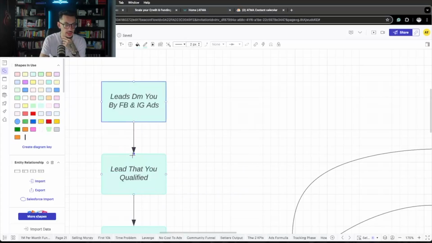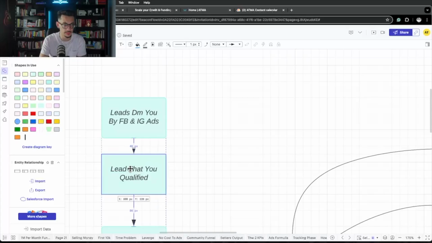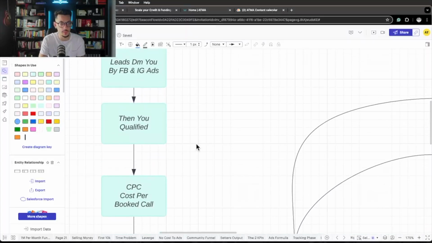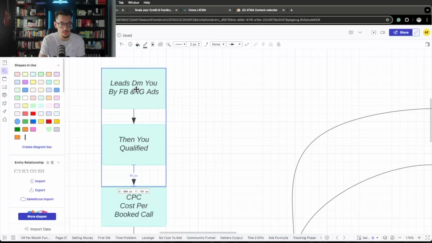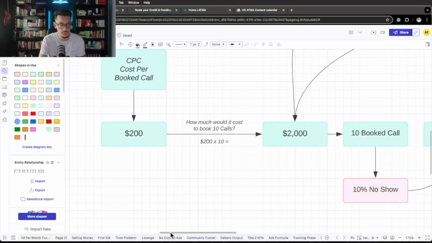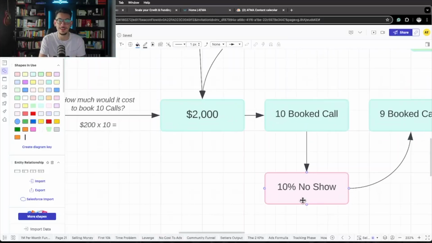Then you qualify the lead. Then once you book a couple more calls, you send the links out and they book the call, whatever it may be. Boom, booked call. Now we get a couple of those. We know a cost per booked call. Now again, you go into the no-show.